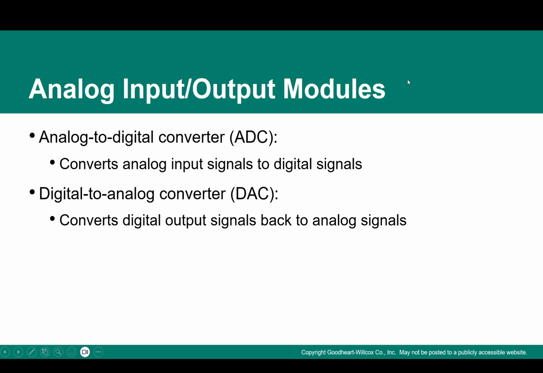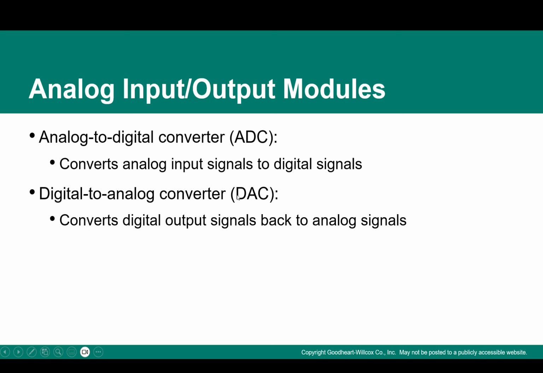So the modules, as we mentioned, can be analog, and in the analog modules there are 2 very important chips inside. One is called the analog to digital converter, which converts an analog input signal to a digital signal. For example, it can convert our voice into digital signals, or AC voltages to digital signals.